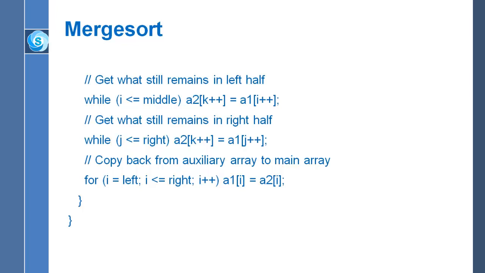The next while loop does the same kind of thing, but for the right half instead of the left half. So if there's anything left to copy from the right half, copy it now into the auxiliary array. Copy from position J into position K, and then increment J and increment K. Okay, so you should be able to understand that.